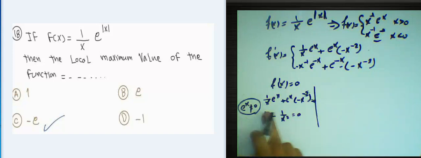We can simplify by dividing by e^x, because e^x is not equal to 0. Then 1/x minus 1/x² equals 0. Multiplying by x², we get x − 1 = 0, then x will be equal to 1.